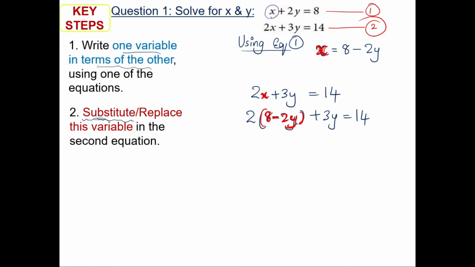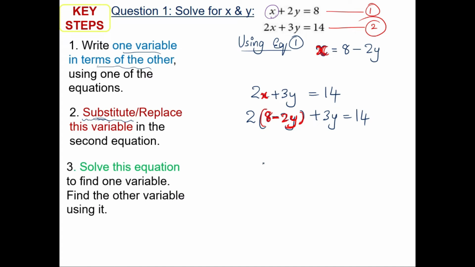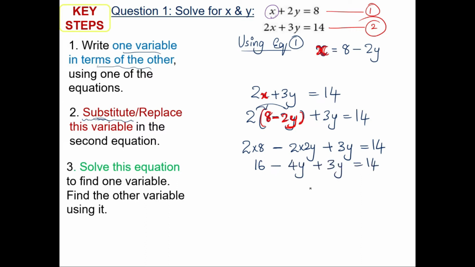Now this is a linear equation with just one variable. So my step 3 will be to solve this equation. 2 times 8 minus 2 times 2y plus 3y equals 14. I've just expanded the bracket. 16 minus 4y plus 3y equals 14. So 16 minus 1y equals 14.